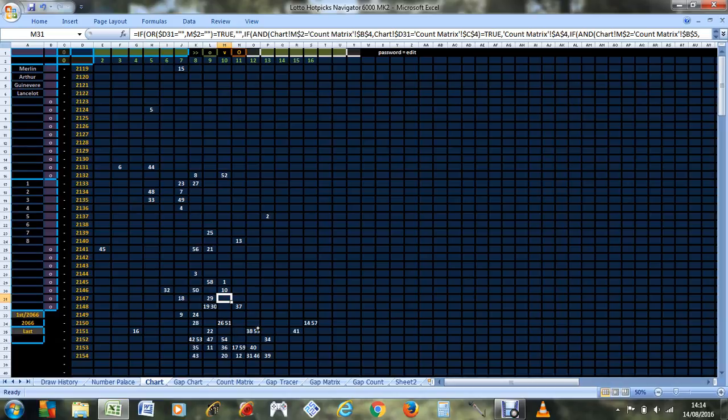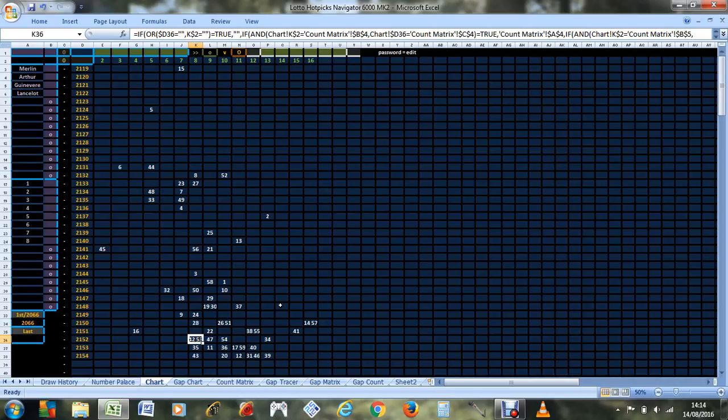Usually you see patterns repeating, like you see here we've got two numbers together here, two numbers there, two numbers there, and the reason we're getting squares with two numbers in around this region is because that's the most dense part of the chart.